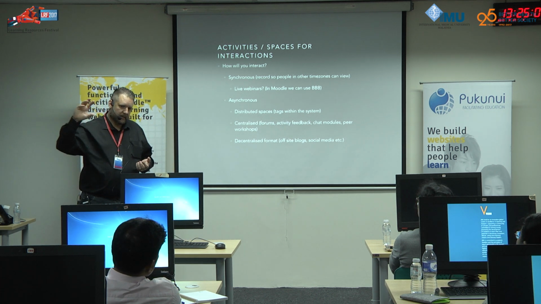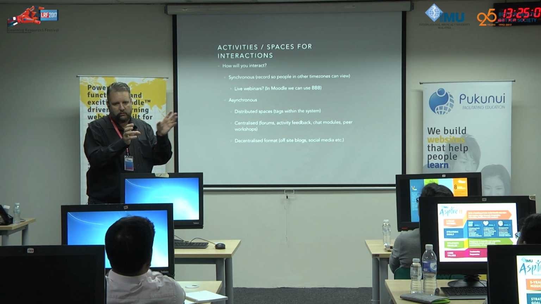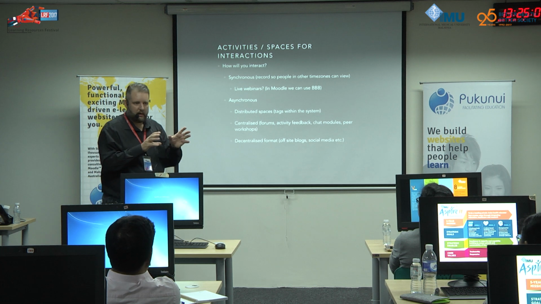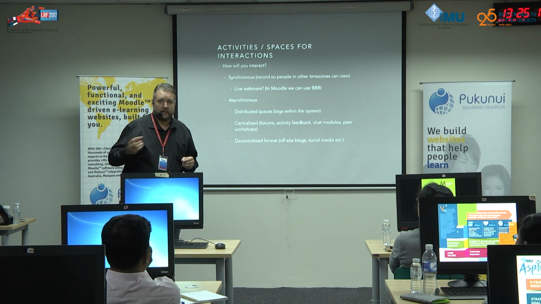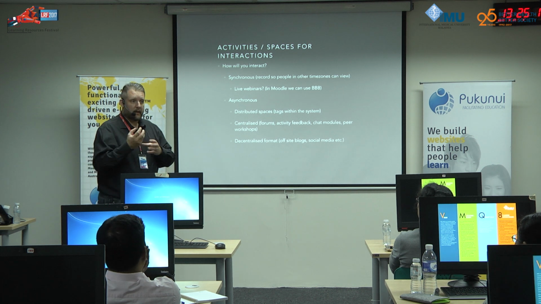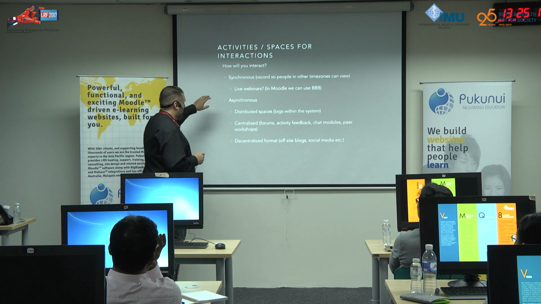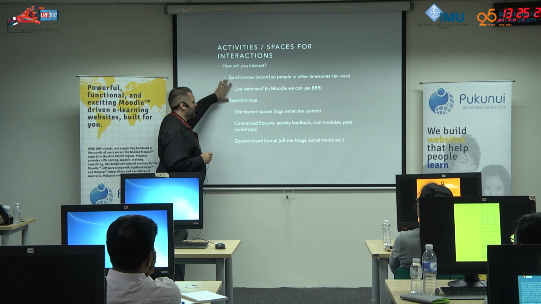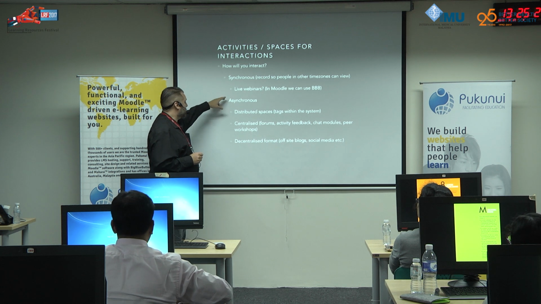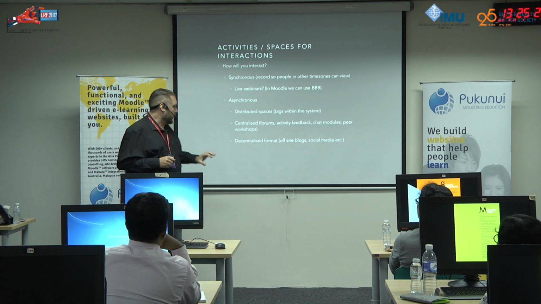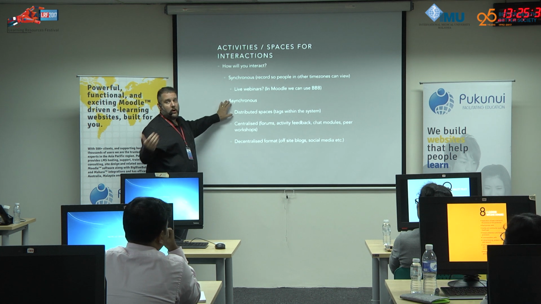Okay, so spaces and activities for interaction. So you've decided what kind of interactions you're going to have on your course. The next thing is to actually facilitate that, to build some kind of space where these different users can interact. We've got two main types of interactions: synchronous and asynchronous. Asynchronous is basically not live.